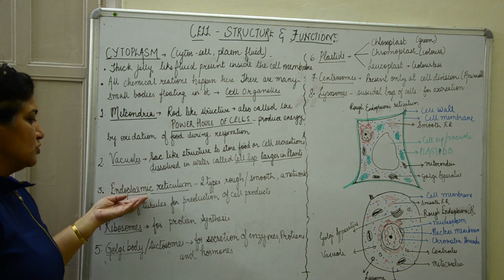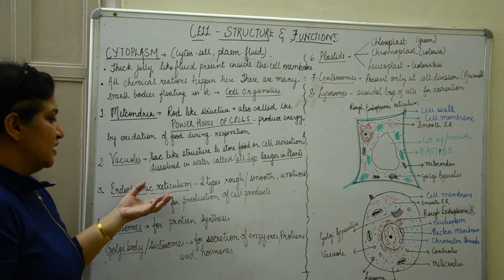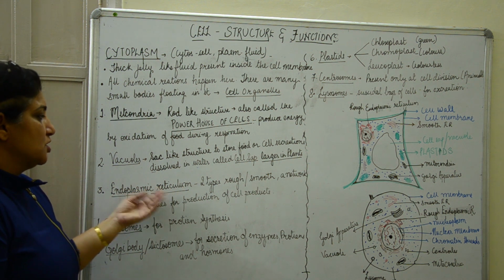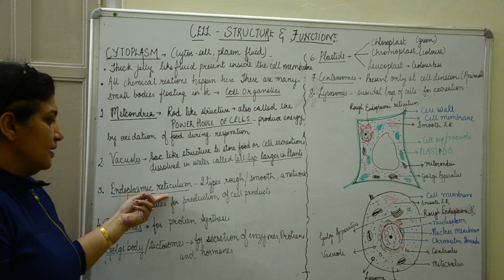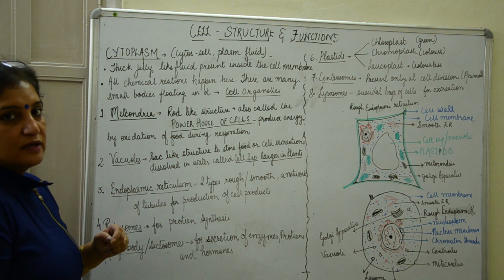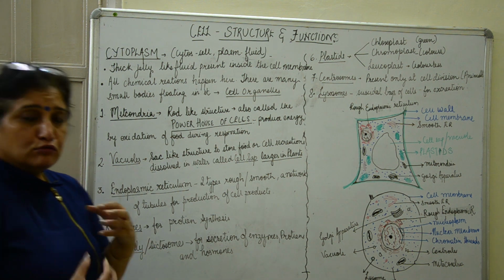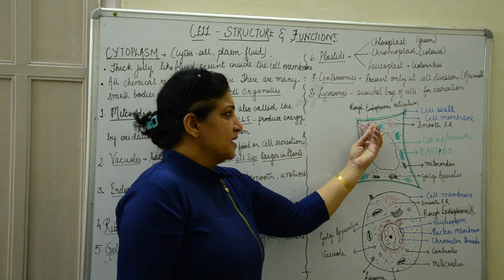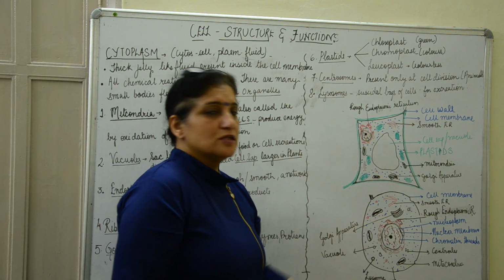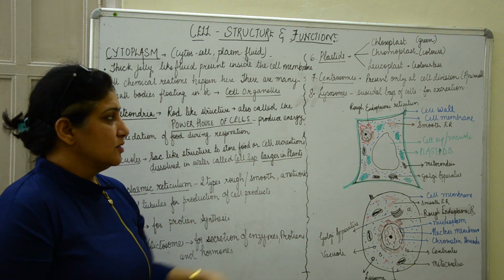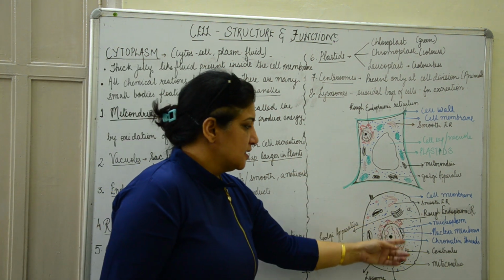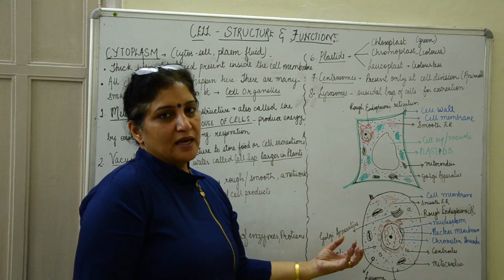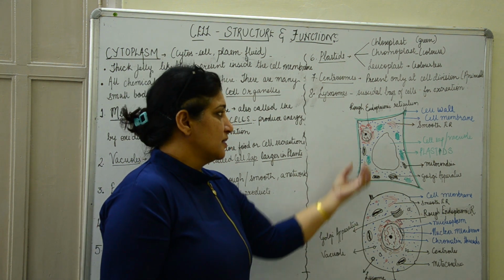Now we have come to another tube-like, network-like structure present in the cell. It is called the endoplasmic reticulum. Two types of endoplasmic reticulum are present. Sometimes they have grains over them, so they are called rough endoplasmic reticulum. Like here, you can see grains over them, which are actually ribosomes attached to the endoplasmic reticulum.